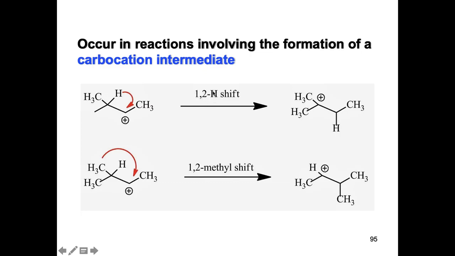So a 1,2-hydrogen shift, this hydrogen shifts from 1 to 2, and the carbocation shifts here. So this is the rearrangement reaction. And this one, a 1,2-methyl shift, you have 1 methyl here, and the methyl shifts to here. So this is another example of a rearrangement reaction.